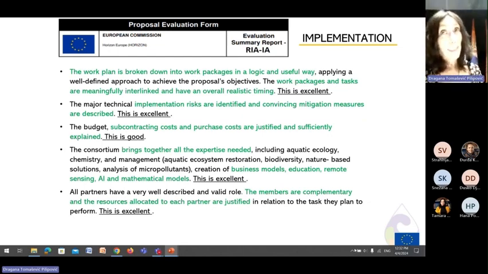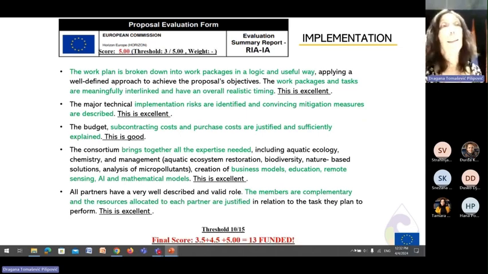And it's a mistake because here, for example, we have 5, and this is the reason why the project was funded. 13 is above the threshold, and the proposal was funded because the 5 points of the implementation gave a little bit more points for the project to be funded.